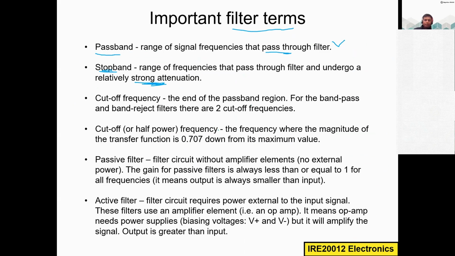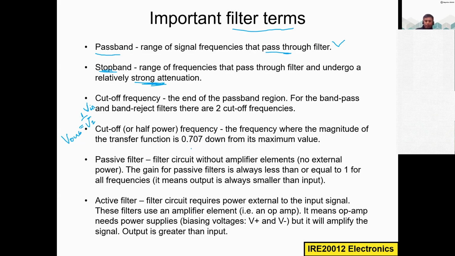The cutoff frequency, that is, this is the frequency where the magnitude of the transfer function is 0.707 down from its maximum value. So normally it's like this. V out is equal to 1 divided by square root of 2 times V in. That will give you a cutoff frequency when we talk about in terms of magnitude.